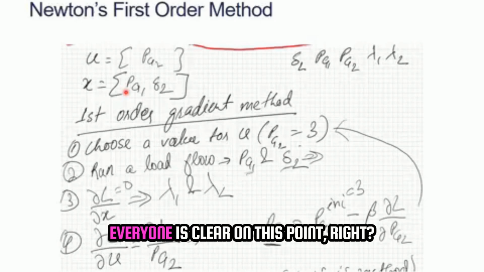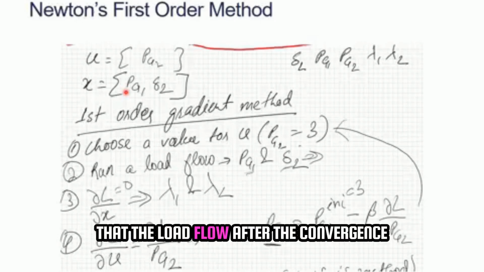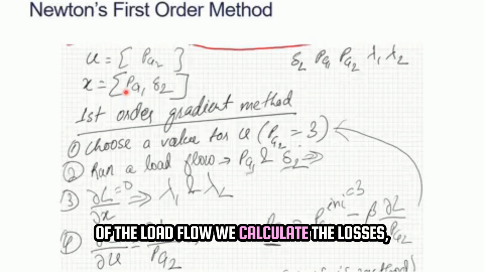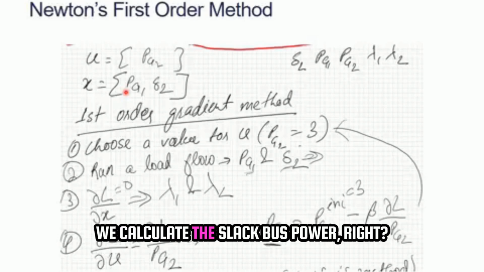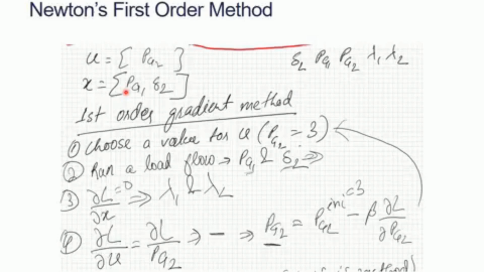Is everyone clear on this point? That after the convergence of the load flow, we calculate the losses, we calculate the slack bus power, right?